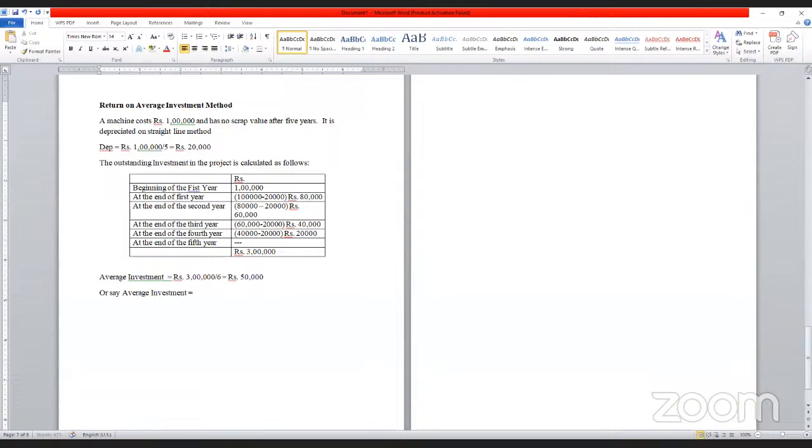Average investment is equal to total investment divided by 2. Now, how much is total investment? Total investment is rupees 1 lakh divided by 2. That will be 50,000. Any formula if you use, you will get the same thing. Okay. Clear, everyone?